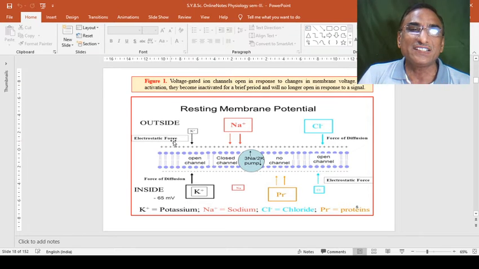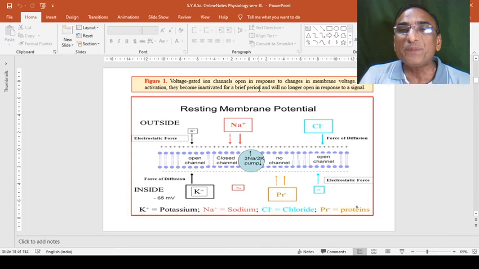Actually, there is an electrostatic force and voltage generally created in our membrane. Therefore, we call them voltage-gated ion channels, which open in response to changes in membrane voltage. After activation, they become inactivated for a brief period and will no longer open in response to a signal.